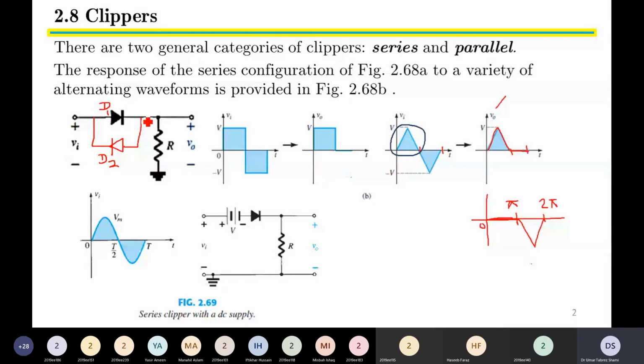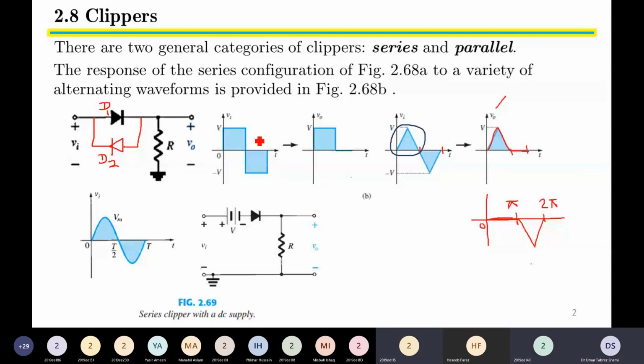Diode D1 will allow the positive half of the input voltage to be available at the output, whereas D2 will allow the negative half of the input voltage to be available at the output. So in this case, we get V output exactly the same as V input.